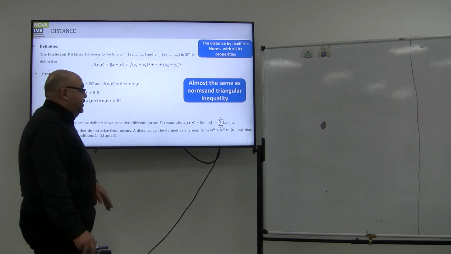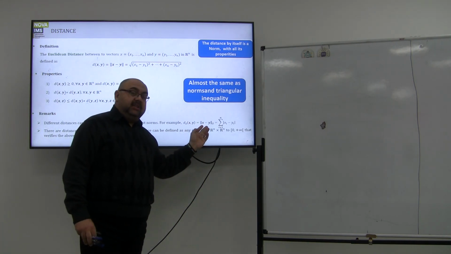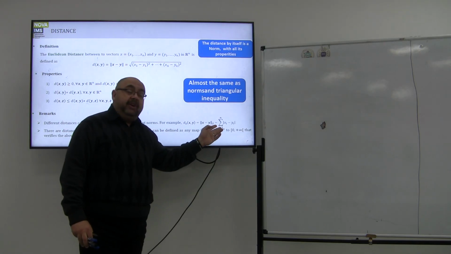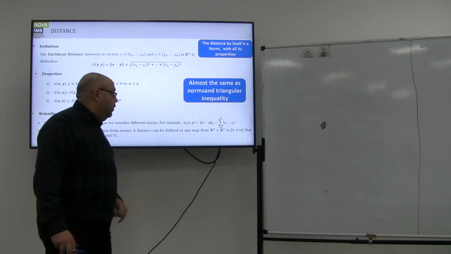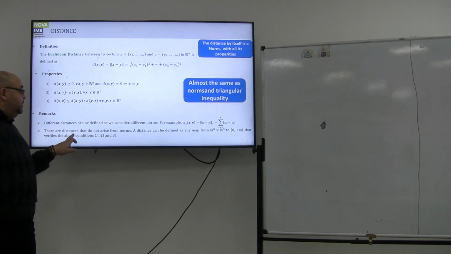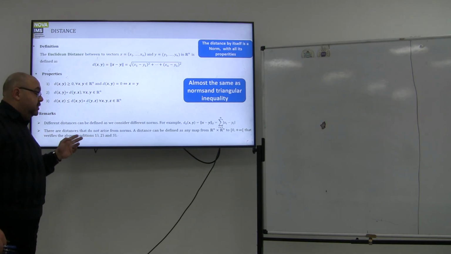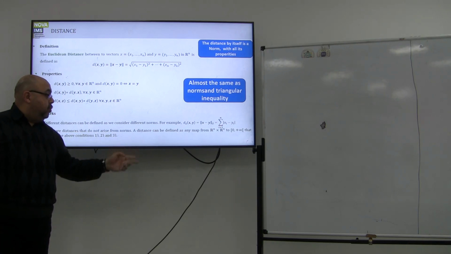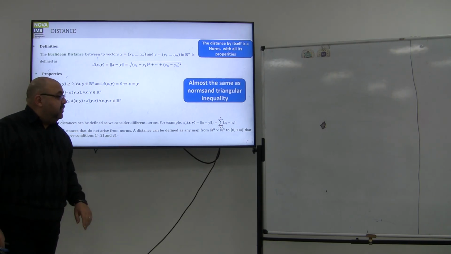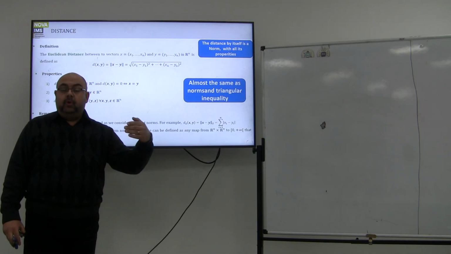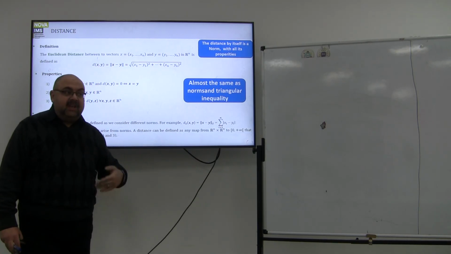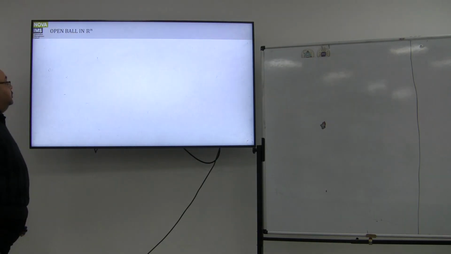I can have the distance of a sum, which is very close to the norm of a sum, or the general equation of a norm of a sum. Also, there are distances that do not arise from norms, like a distance that can be defined as any map from Rn times Rn to 0 up to infinity, as we will see down the road.